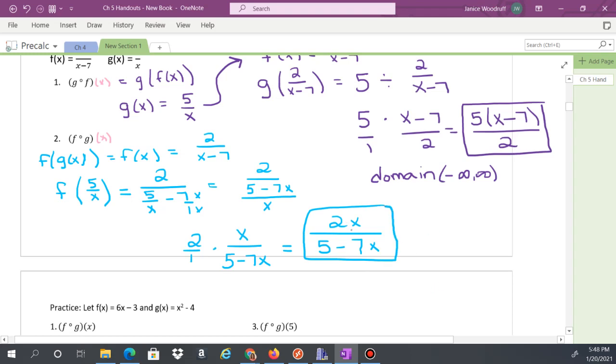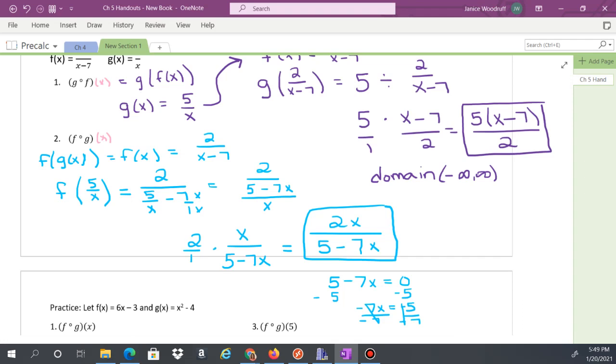Okay, so then the domain of this does have an x in the denominator. So we would take this and set it equal to 0. So we've got 5 minus 7x equals 0. So let's see, we would subtract a 5 here. Negative 7x equals negative 5. So that's going to be a positive 5/7.